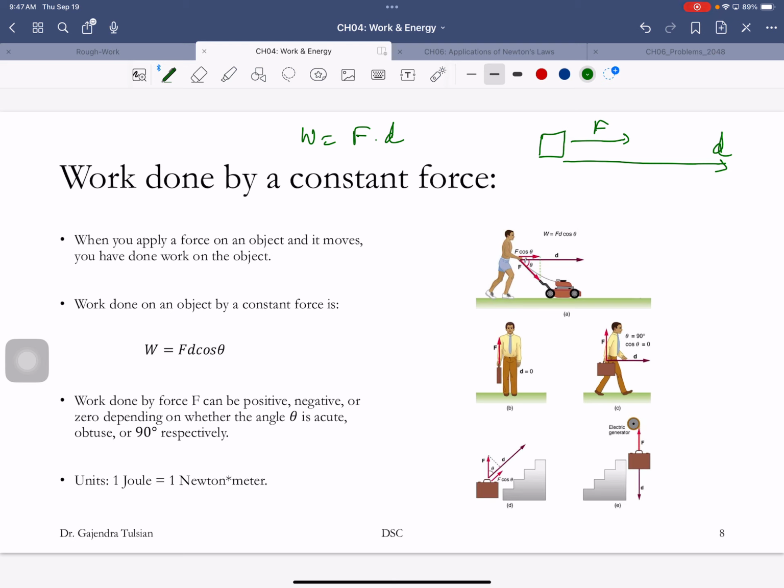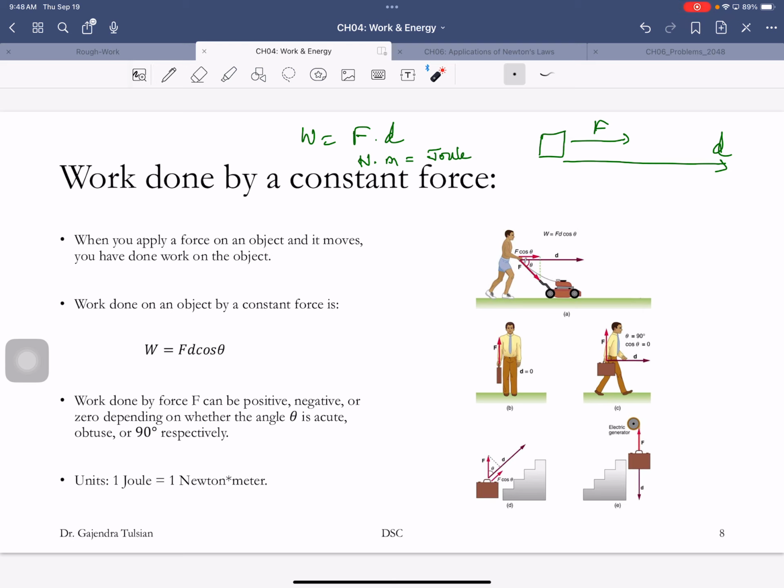Force is measured in newtons, distance is measured in meters, and this newton meter is called a joule in honor of Mr. Joule. So the unit of work is the joule. Now we learned that you need energy to do work, and so energy and work have the same units. Energy and work are measured in units of joules.